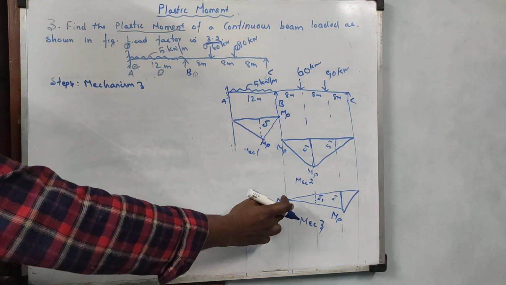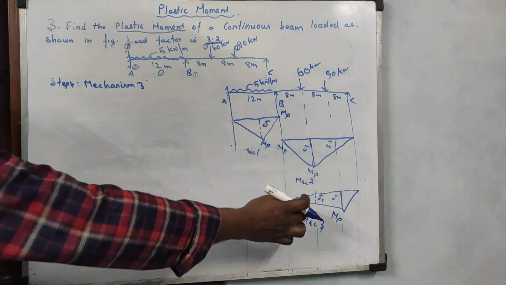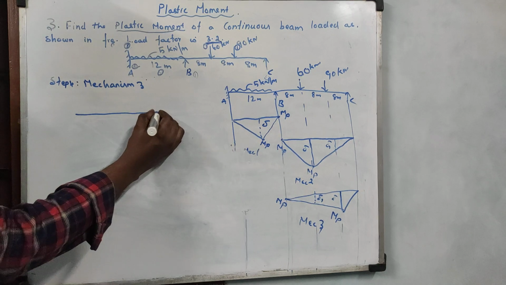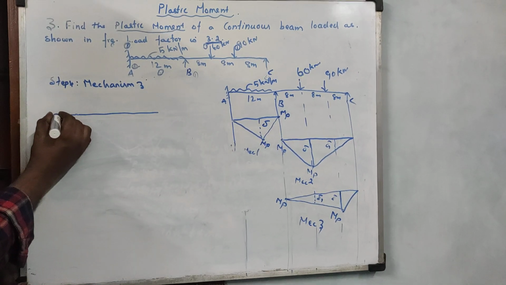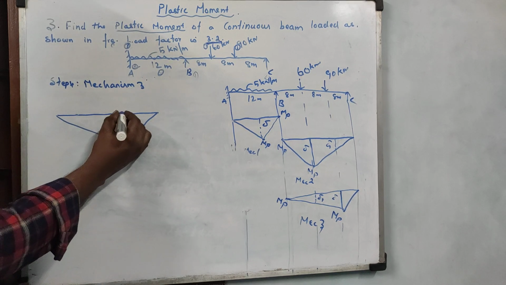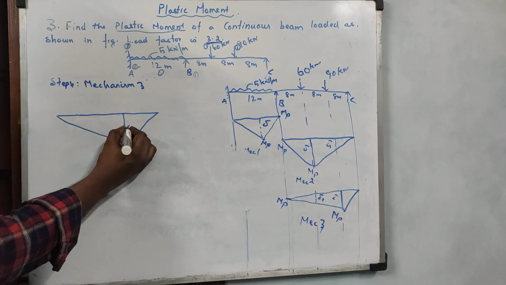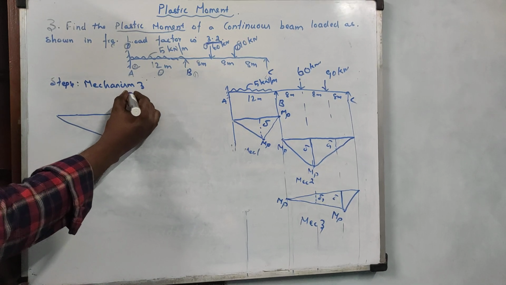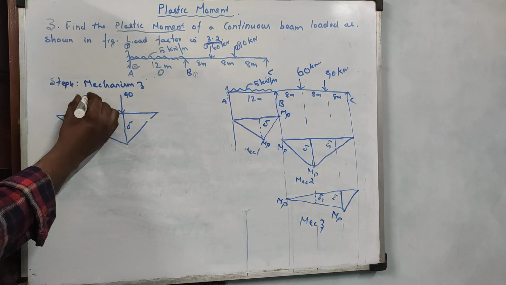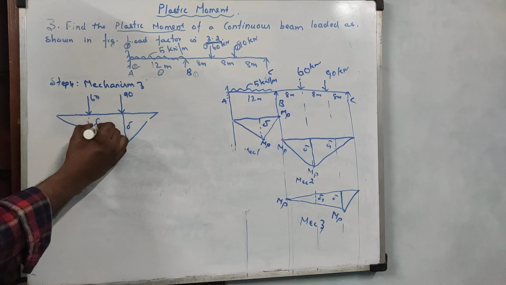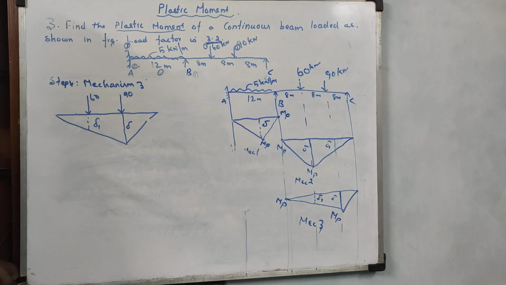So for mechanism 3, we have to consider this diagram. Under 90 kilonewton load, the deflection is del. Under 60 kilonewton load, the deflection is del 1.